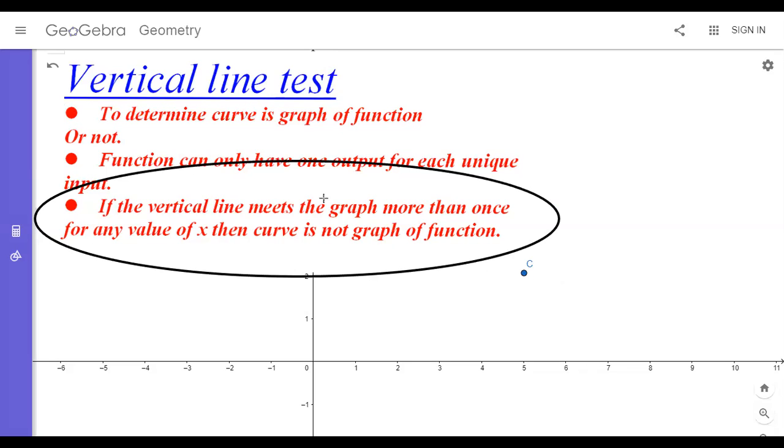This is the point to be remembered while checking whether the given curve is the graph of a function using the vertical line test method.